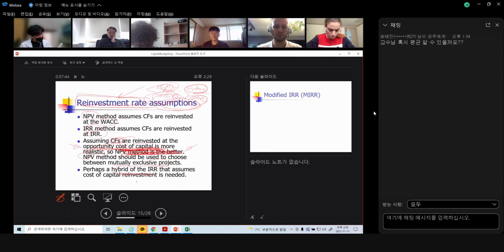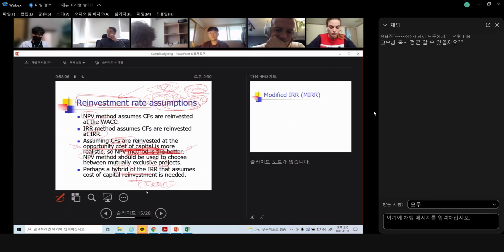Perhaps a hybrid of IRR that assumes reinvestment at the cost of capital is needed. This hybrid of IRR is the MIRR, modified internal rate of return. So what is the cure? It's okay if we assume the reinvestment rate is not the IRR but the WACC, just the same as the NPV.